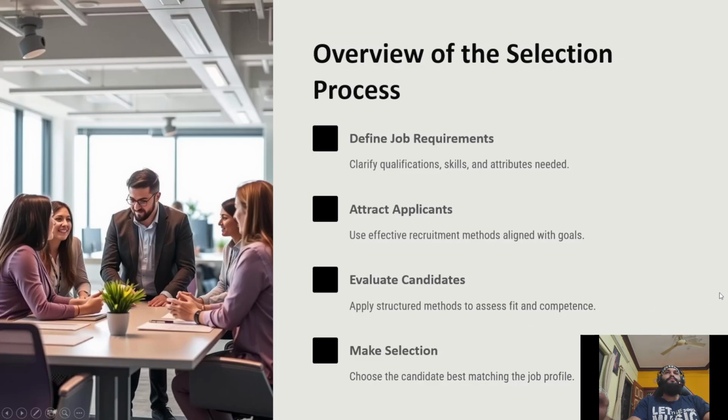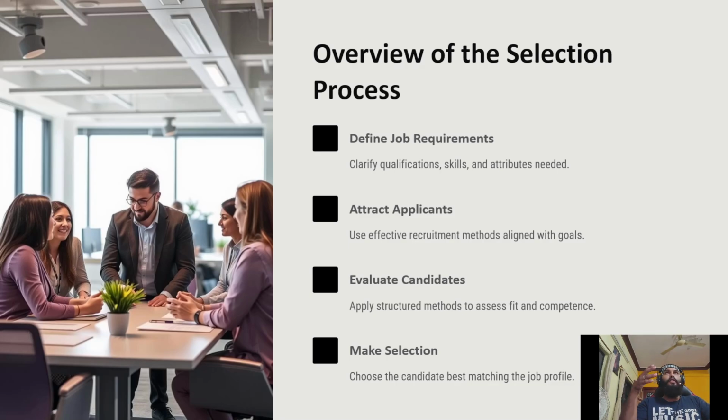So in the overview of the selection process, we as HR define the job requirements or the qualifications required for the job, and then we try to attract as many applicants as possible, which increases our chance of getting potential employees to hire.